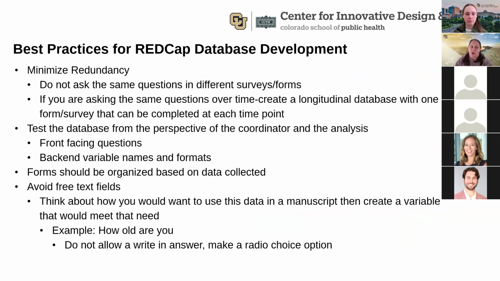So for example, if you're asking for race, you don't want to ask race in one form and then ask race in another form, because you could potentially run into a situation where, if it's a survey or even a coordinator entering the information, there could be a mistake where in one they say white, in the other one they say other. And so then on the back end, which one is correct? So you want to avoid those kinds of situations where you're asking the same questions in multiple different places.